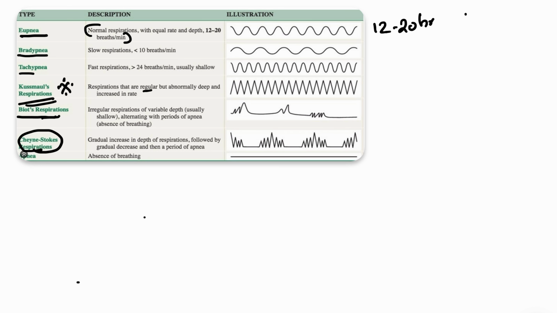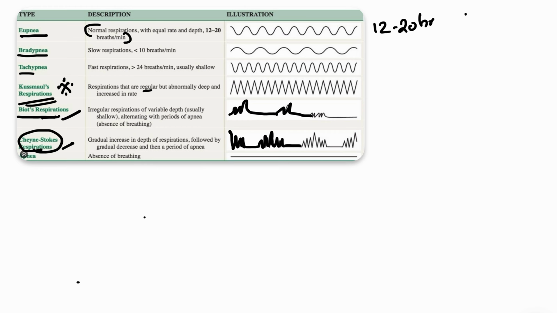What is the most important difference between Biot's respiration and Cheyne-Stokes respiration? Biot's respiration is an irregular pattern of breathing followed by apnea, whereas Cheyne-Stokes respiration is a gradual increase and decrease followed by apnea.